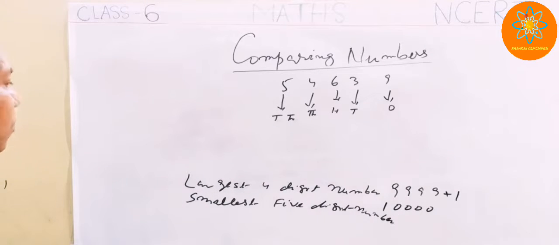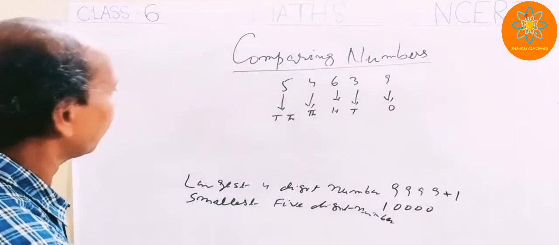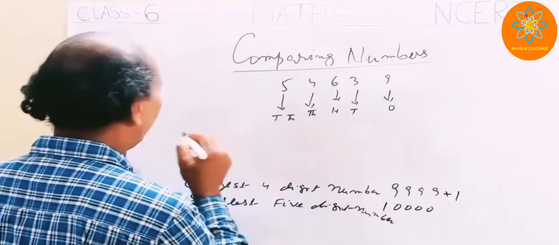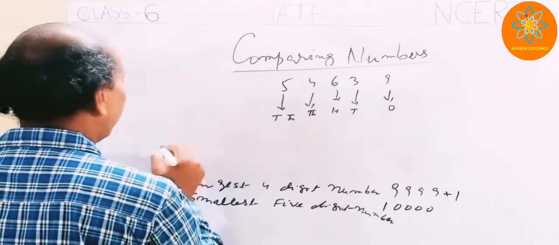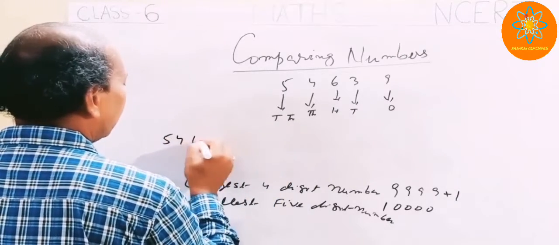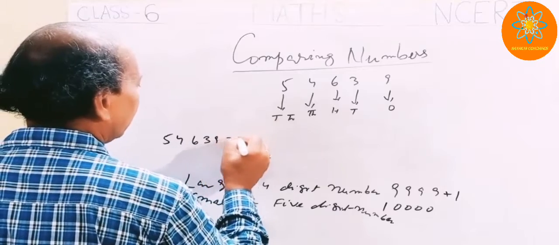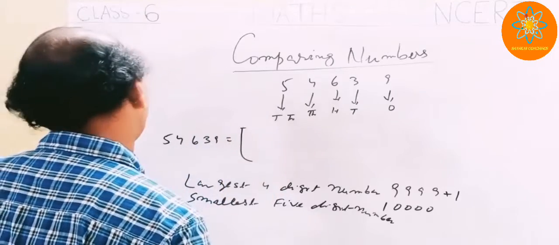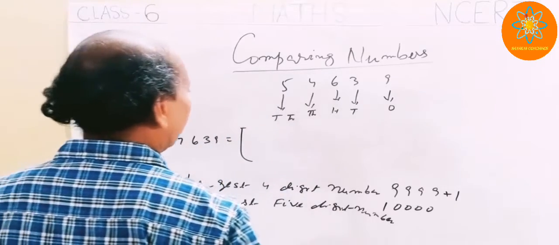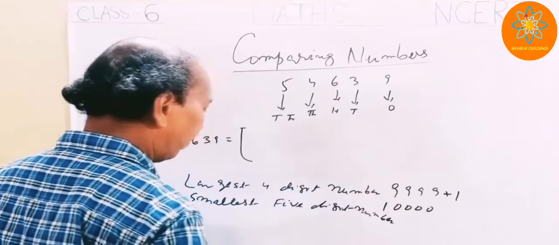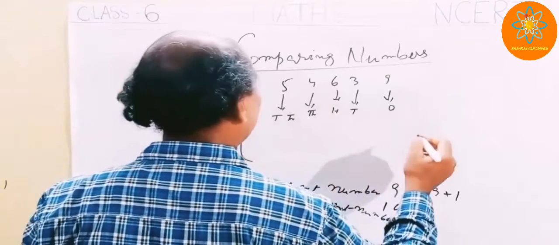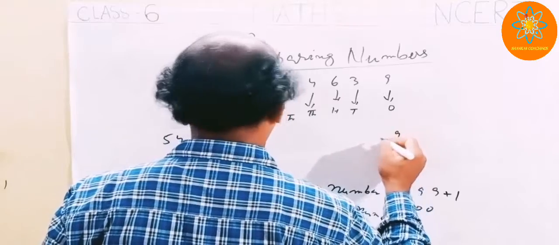And for this place value, suppose I want to change this number 5, 4, 6, 3, 9 in this way. We have one is this 9.